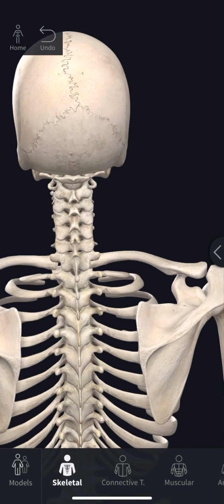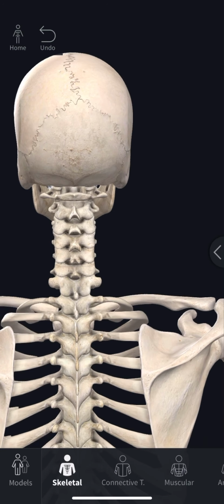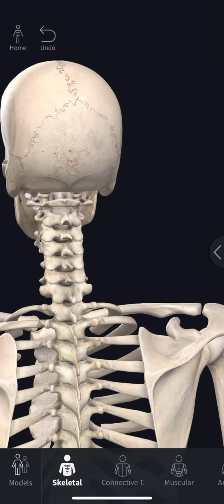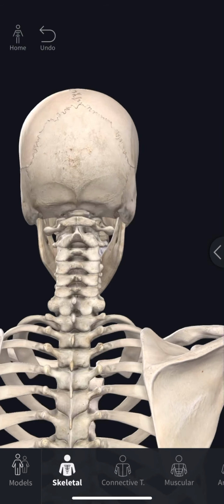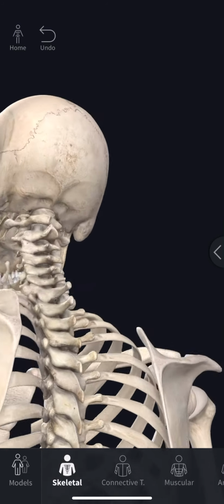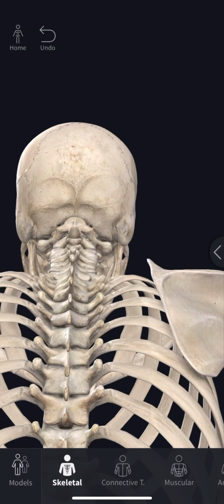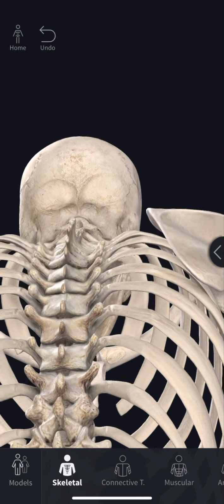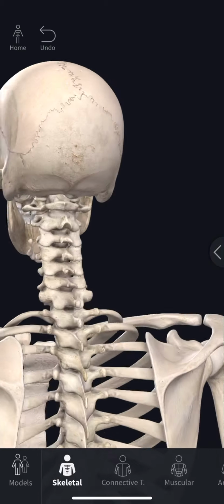Looking at the back of the skull, this view is known as norma occipitalis. Right. So if you just turn the base down, the lower part of the skull that we are seeing will be known as the norma basialis.